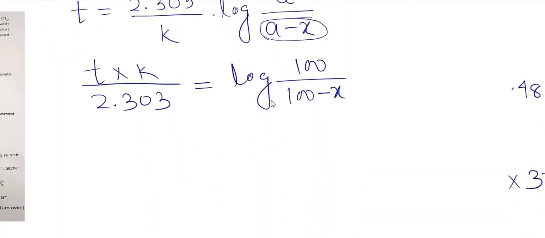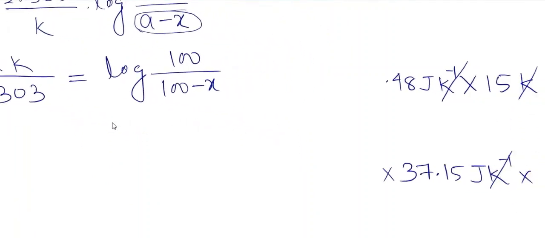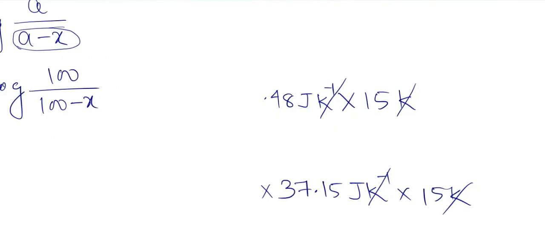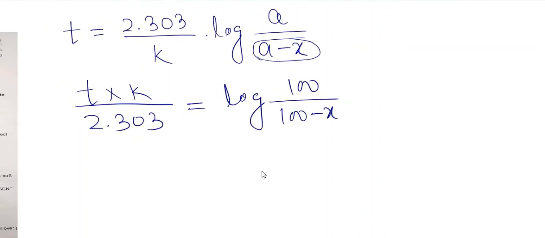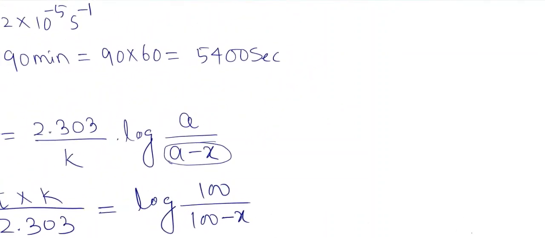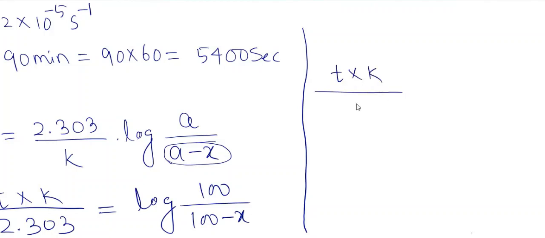Then for t, we know it is 5400 seconds. So t into K divided by 2.303 is equal to log of 100 divided by 100 minus x.